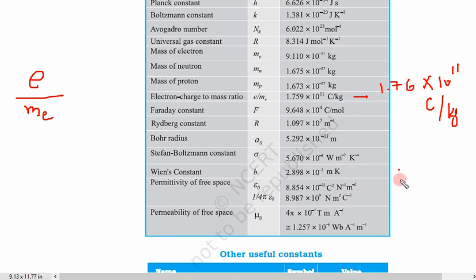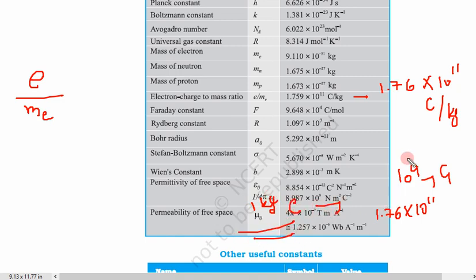If you remember, 10 to power 9 was giga. So how can we write 1.76 into 10 to power 11? We have taken 1 kg of electrons.